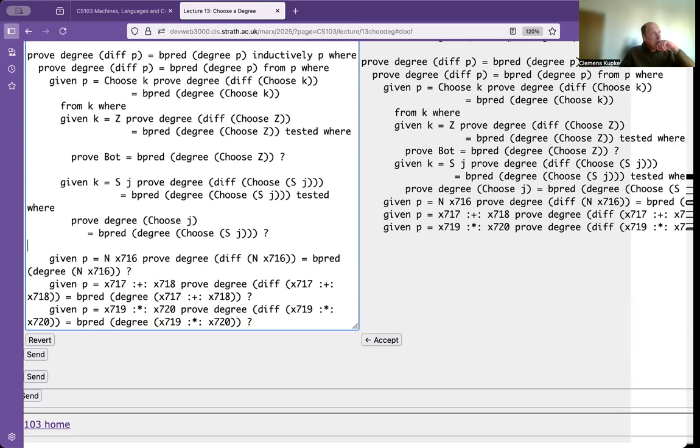And if we take the predecessor of zero, we do get minus infinity. So that's going to work for this. Likewise, the degree of choose j had better be one less than whatever we choose the degree to be for choose j plus one. So when the number of choices goes down, the degree goes down.